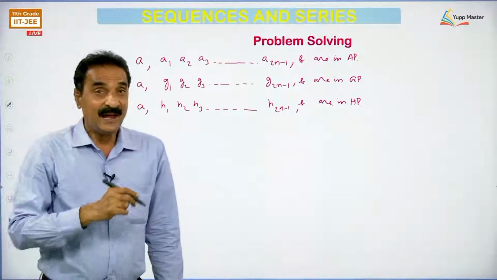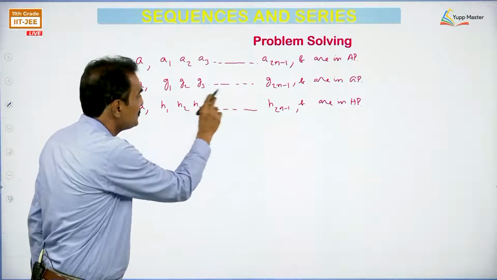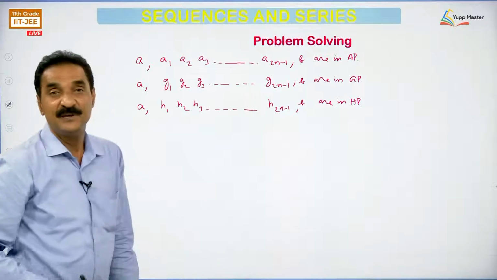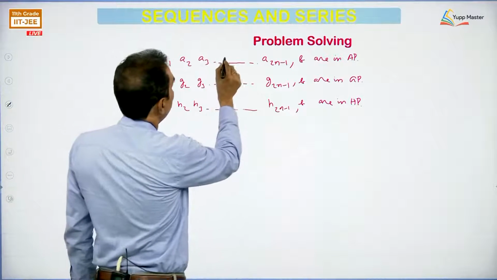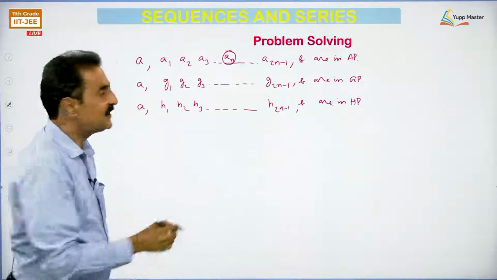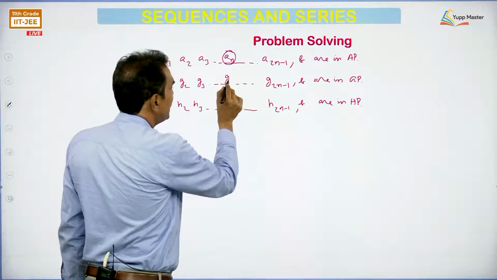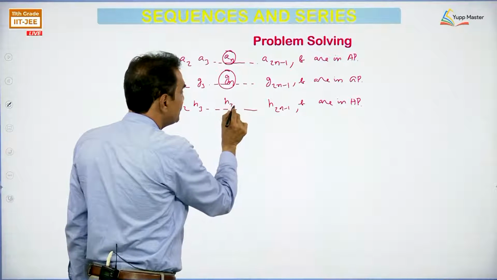Now, their nth means, that means nth arithmetic mean, nth geometric mean and nth harmonic mean, are in which progression? That is the question. What is the nth arithmetic mean? It is An. Nth geometric mean is Gn. Nth harmonic mean is Hn.